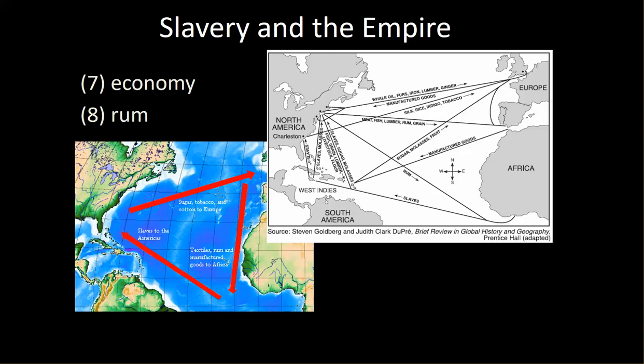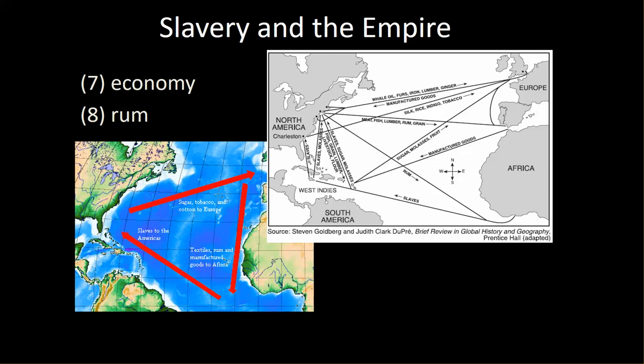Sugar was by far the most important product of the British and French and Portuguese empires, and New World sugar plantations produced immense profits for planters and merchants and the imperial governments. Haiti, which in the 1700s was known as Saint-Domingue, was like the jewel in the French Empire.